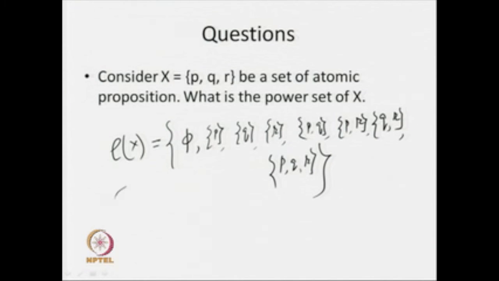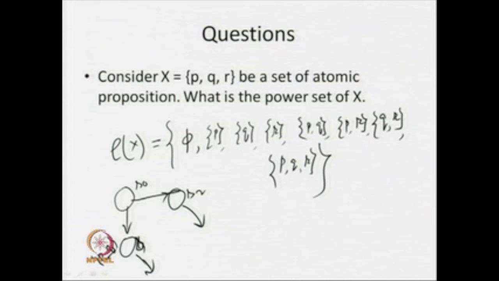Now, when we look at any state, say if I have a state transition, say S0 to S1, S1 to S2 like that, and this particular S1 is labeled with, say, p and q, what does it mean? It means that atomic propositions p and q are true in this particular state S1, but r is not true.